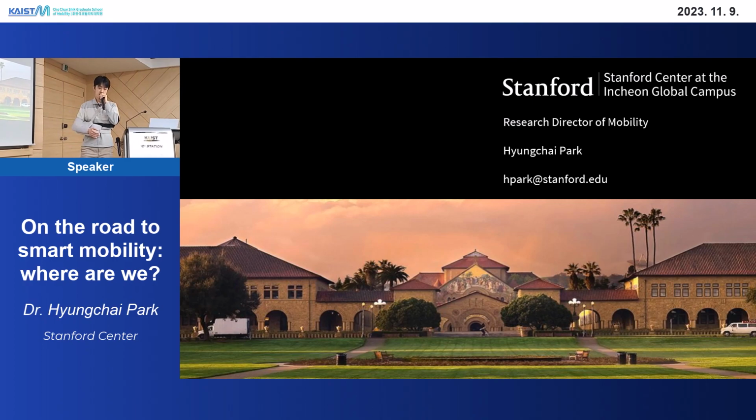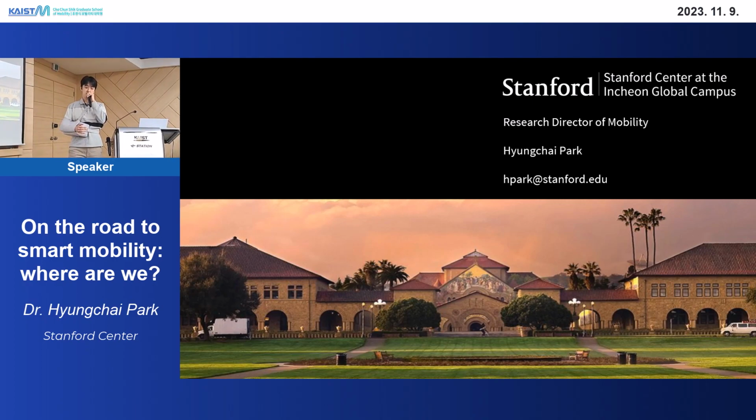So I think we have to achieve a social consensus: how safe autonomous driving is acceptable to the society. Because we know that there is no 100%.